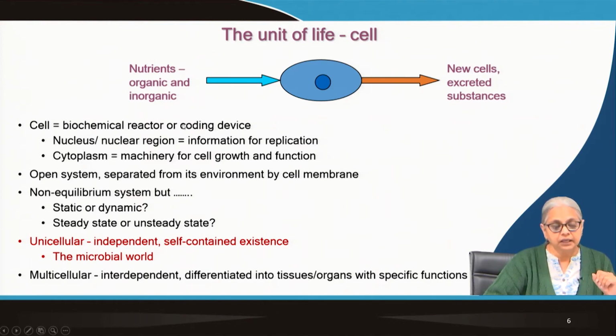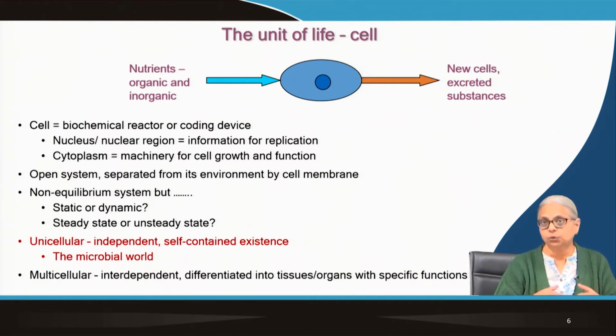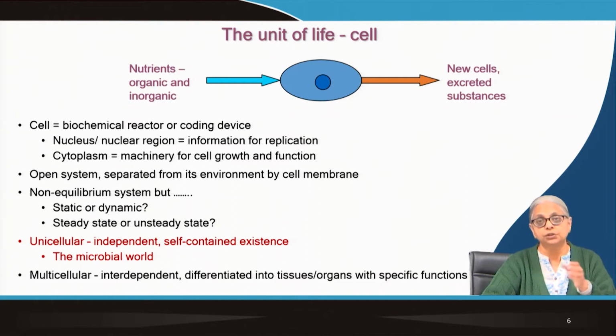This is the DNA where the information required for replication and reproduction is stored. So this is what we call the genetic code, and without this genetic code, the cell cannot reproduce. So the survival of the species depends on the reproduction of the individuals, and therefore it's also a coding device, because it's that code that has to be passed on from one generation to the other.